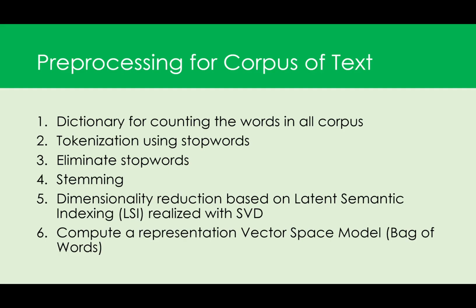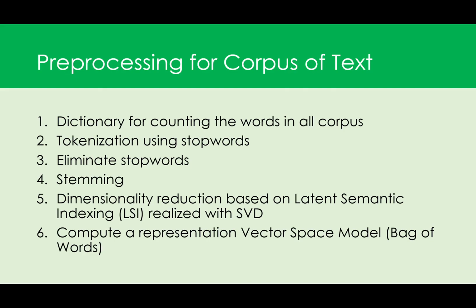Preprocessing steps for a corpus of text. The first thing I would do is build a dictionary to count the words in the whole corpus, but it's not mentioned anywhere, it's just a rational thing to do.